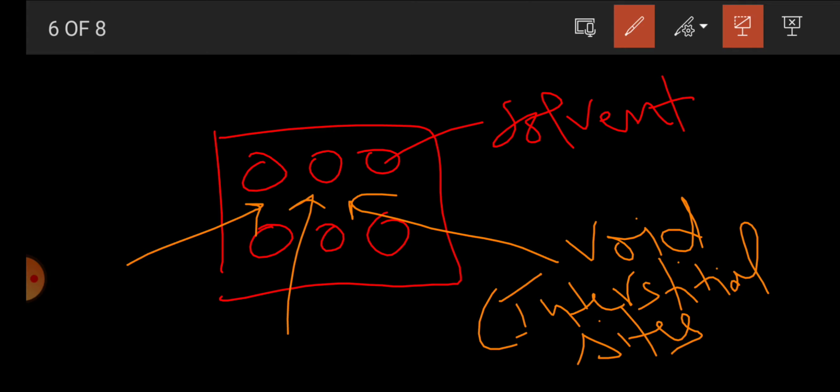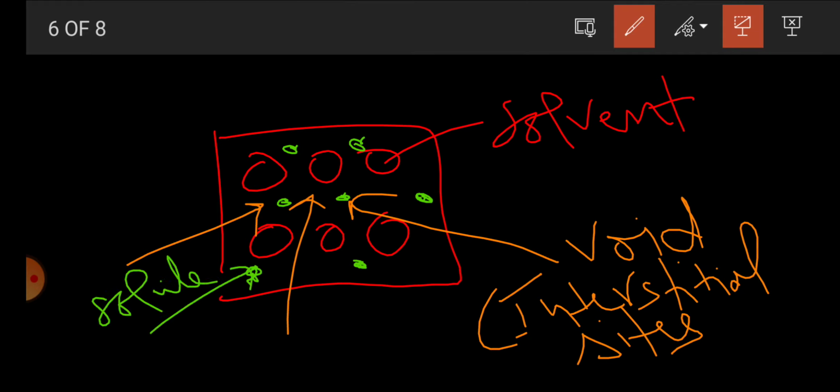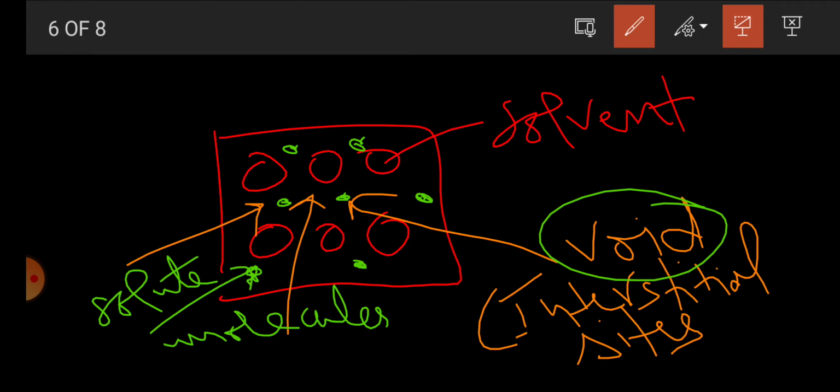In the interstitial solid solutions, the solute molecules are present somewhere in between, in the voids or interstitial sites.